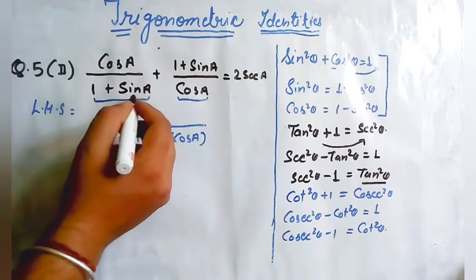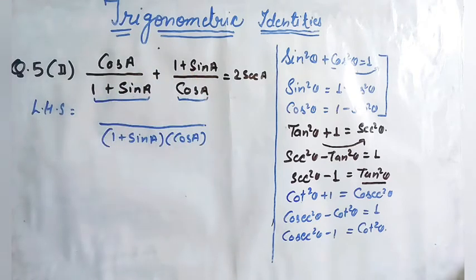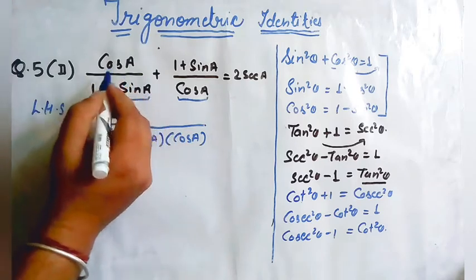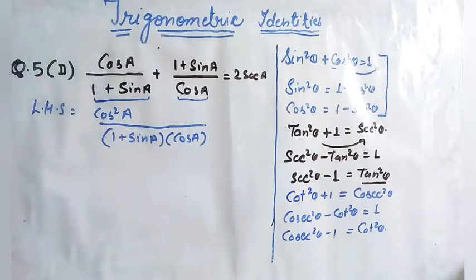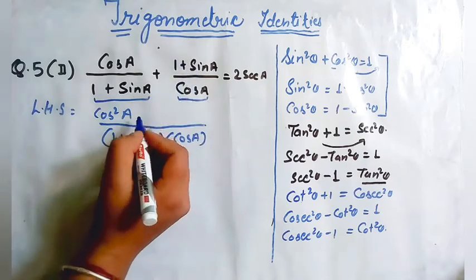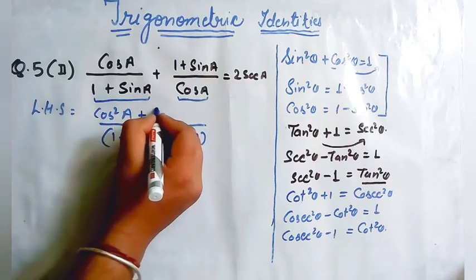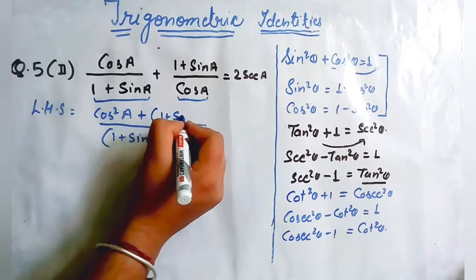cos A into cos A, cos square A plus 1 plus sin A into 1 plus sin A will be 1 plus sin A whole square.